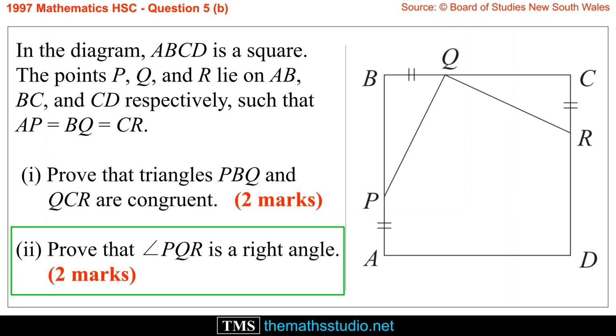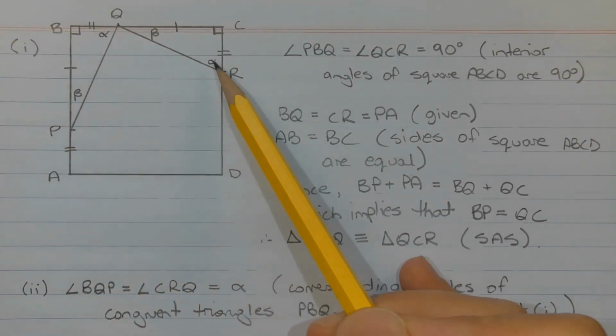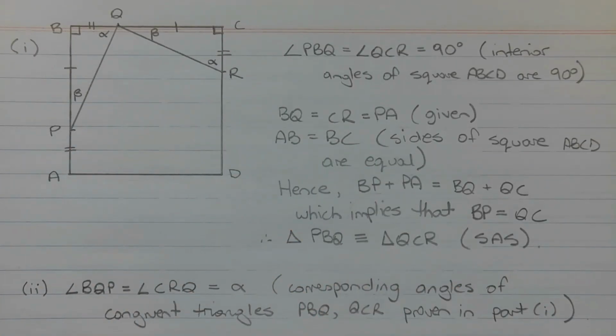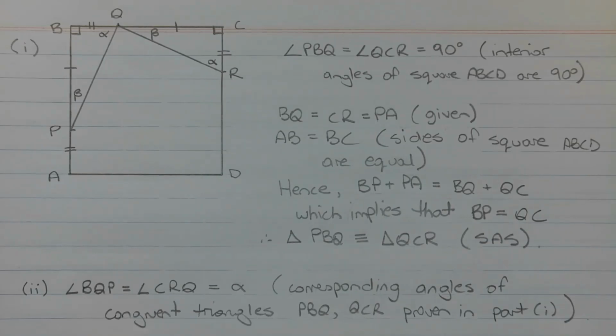Part 2. Prove that angle PQR is a right angle. Angle BQP equals angle CRQ, which equals alpha. And the reason is corresponding angles of congruent triangles PBQ and QCR proven in part 1. Also by the same reason, angle BPQ equals angle CQR, which equals beta.